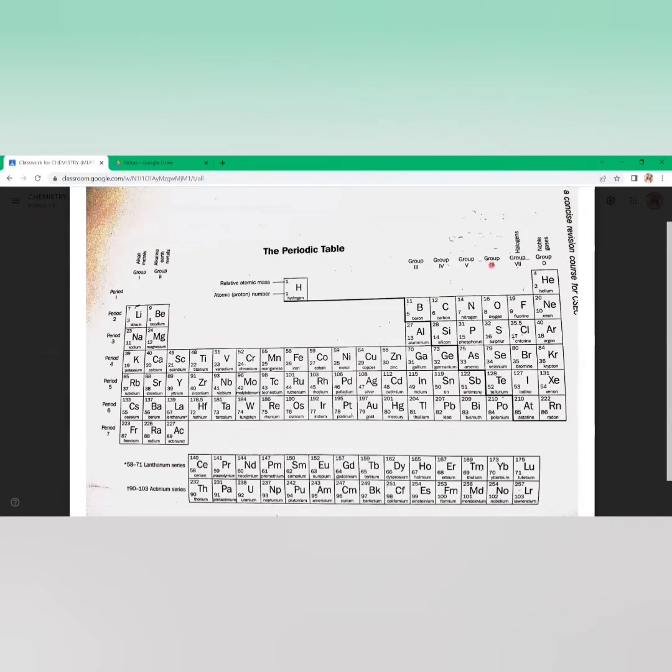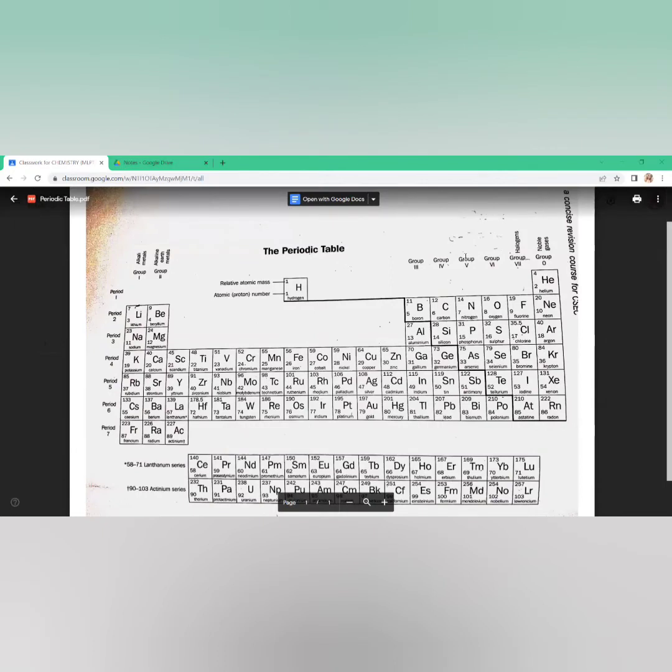When we dealt with groups last week, groups were our vertical columns. When I introduced the periodic table, I was telling you that this vertical column is the whole group. This vertical column here is the whole group for 1.